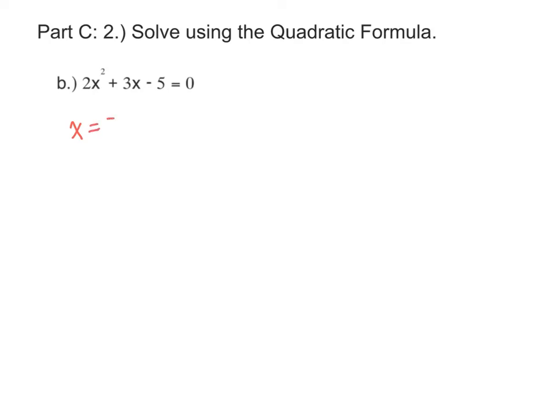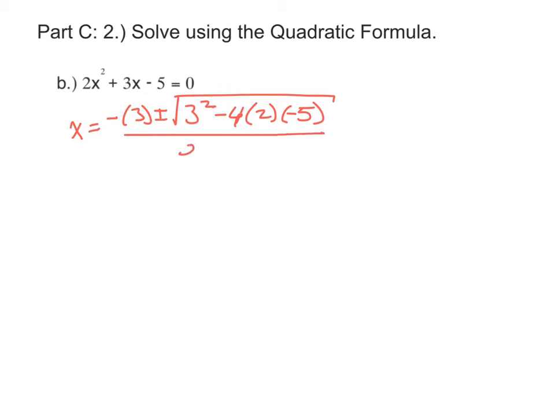X equals negative b. B is 3. Plus or minus the square root of b squared minus 4ac. That's 4 all over 2a. So we simplify with negative 3 plus or minus square root of 3 squared is 9.